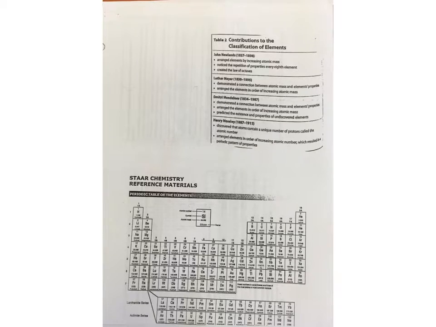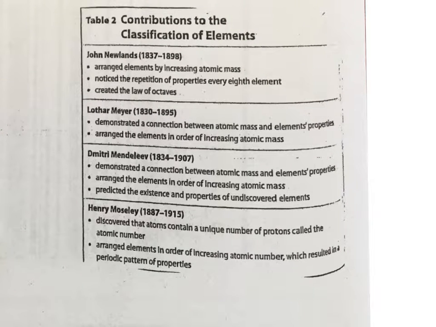From this page, really all I need you to focus on are these two guys, Mendeleev and Moseley. Mendeleev is the one that you had to watch that video on when I wasn't here. How did he arrange the periodic table? You have to be able to tell me how they both arranged it. So how did he arrange it? Atomic mass.